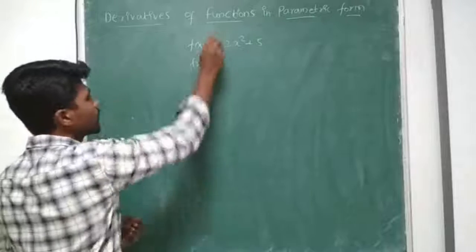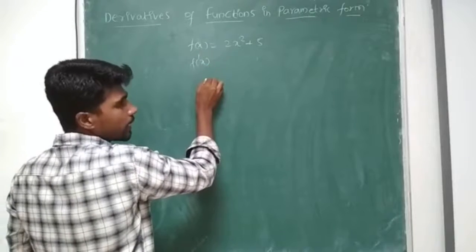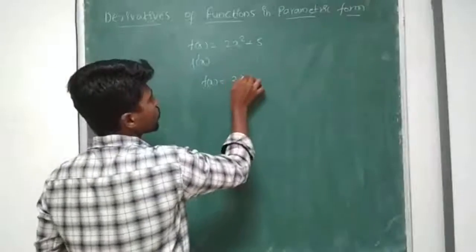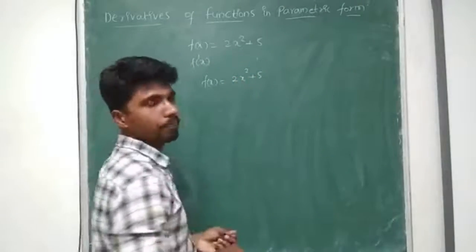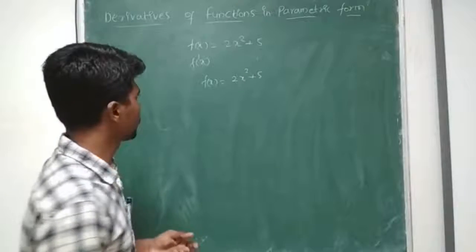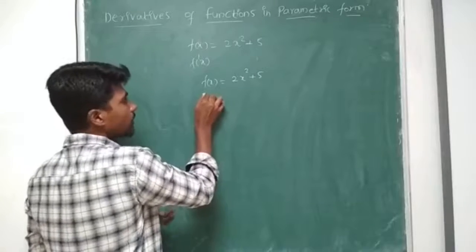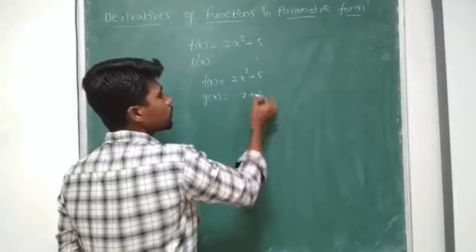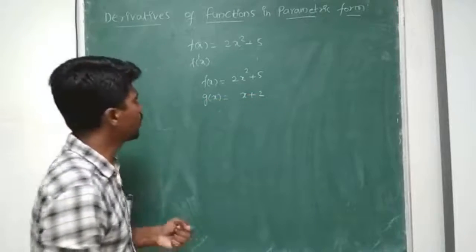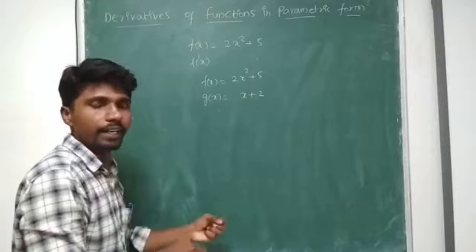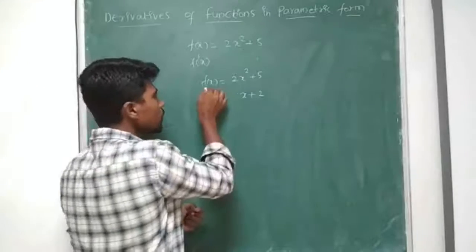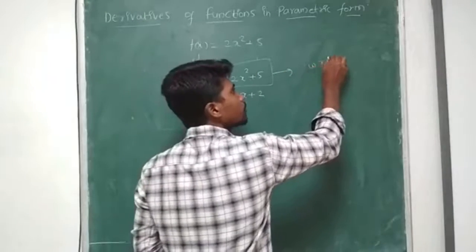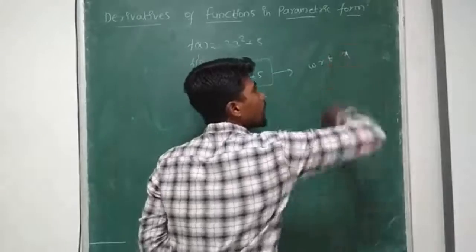See, a function f of x is given in terms of x, 2x square plus 5, and they give one more function g of x, which is equal to x plus 2. Till now we did problems where a function is given and we find its derivative with respect to x.